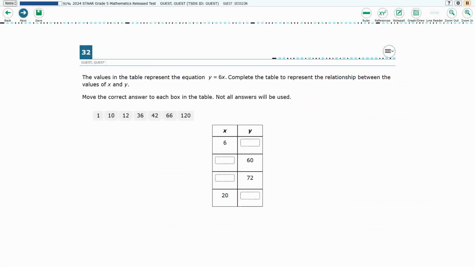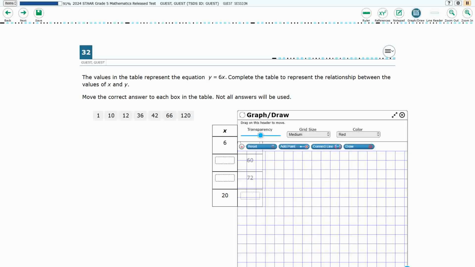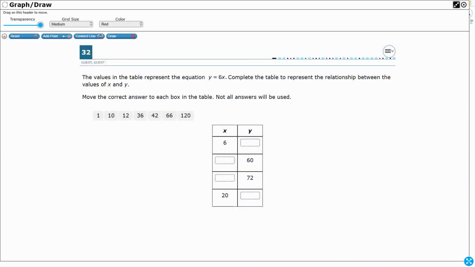For number 32, we are generating additive and multiplicative patterns. This is 5.4c, and as you can see, this is going to be a drag and drop. So here's our basic equation, y equals 6x.